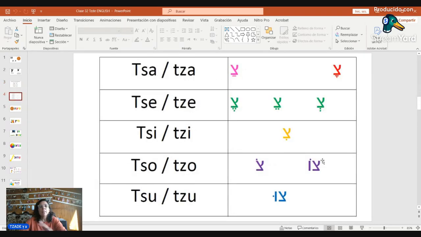Okay, so this is the way we pronounce. Let's start from this line, and it reads ta, te, ti, to, zu.